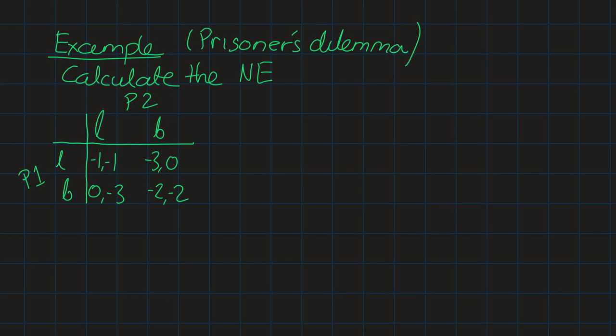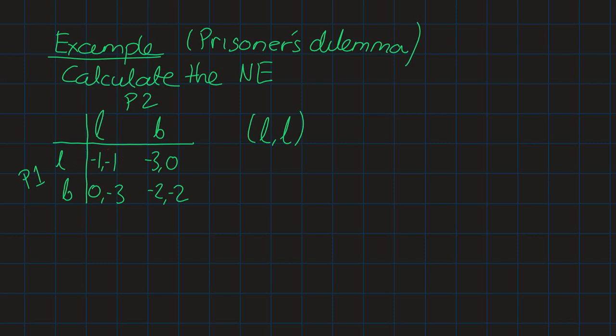So the first outcome to examine is L, L. Okay, is this a Nash equilibrium? Well, if you think about it, if player 1 changes their strategy from L to B, then their payoff goes from -1 to 0, which is an improvement. That's an improvement for player 1.